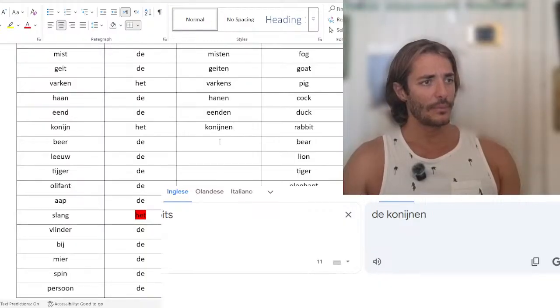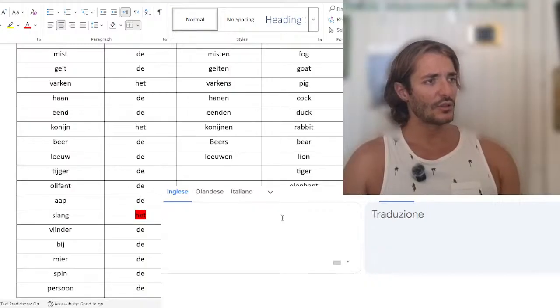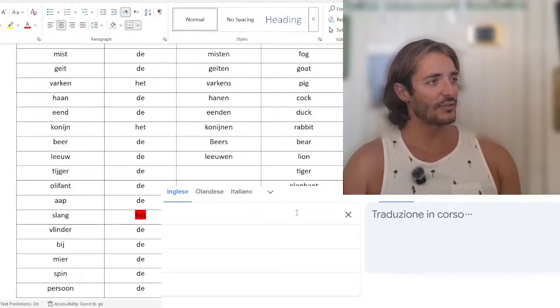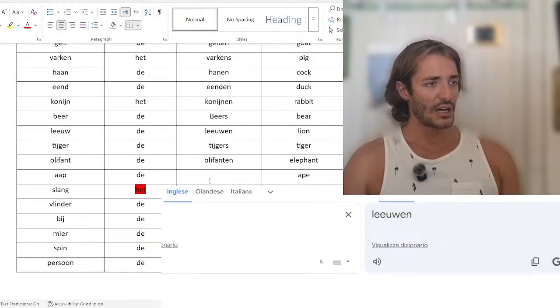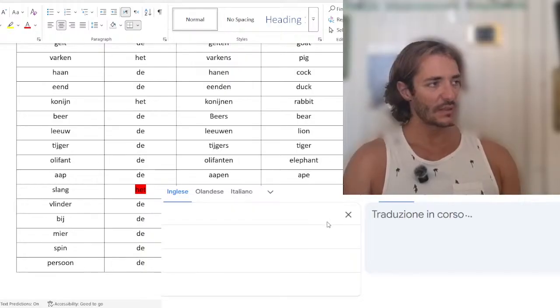Okay, let's go on. De beer, bears, leeuw, leeuwen. Let's check that there is no dropping of consonants or vowels. Leeuwen, yes. De tijger, de tijgers. De olifant, olifanten. Apen. Let's check it. Apes.